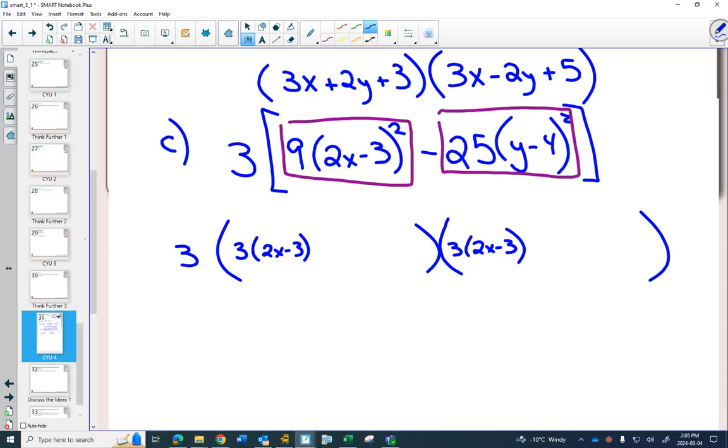My second term would have to be 5y minus 4 and 5y minus 4, because 5 times 5 is 25, and y minus 4 times y minus 4 would be y minus 4 squared. And since this is the difference of squares, one of them will be plus, one of them will be minus.